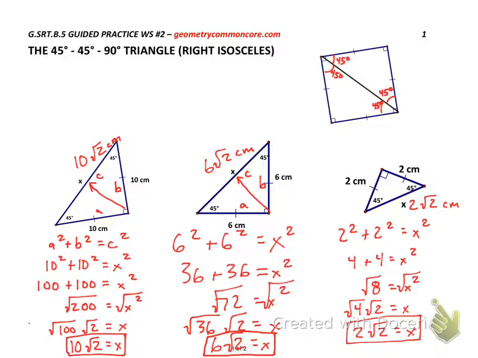And what I'm going to do up at the top of the page is I'm going to draw a generic 45, 45, 90 triangle. So what I'm doing is I'm essentially taking this lower left half of my square, and I'm just going to pull it over here. And let's just focus on that 45, 45, 90. So here's a 45 degree angle.